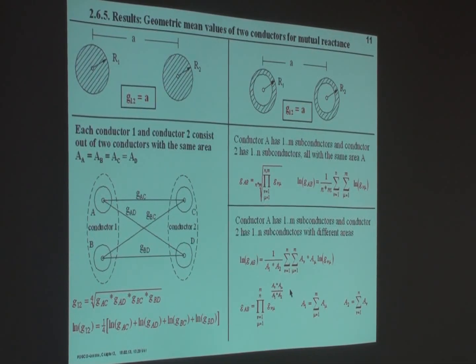But first, I want to interpret this one. So, we have to say ln G, and now I say 1 to 2. What is it? ln 1 to 2. You have to look at this formula. What we have to do? We have to do 1 and 2. A1 times A2.